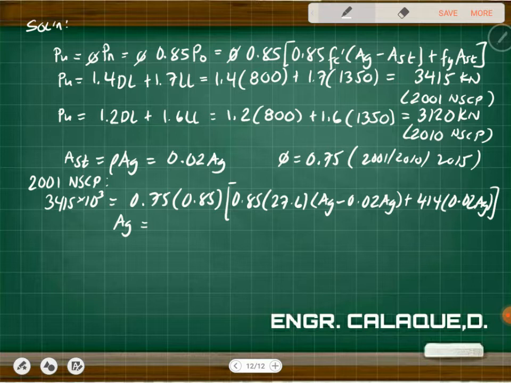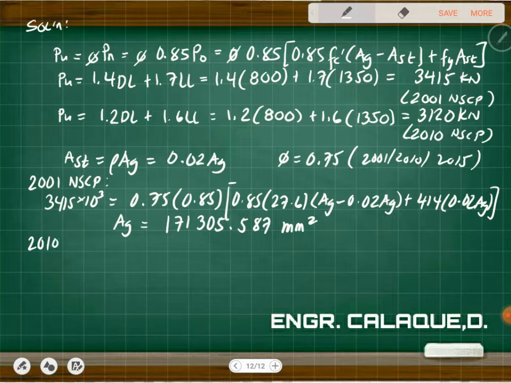Okay, and then 414 times 0.02 nung Ag. Shift solve. So we have 171,305.587 square millimeter. So, meron na tayong gross.